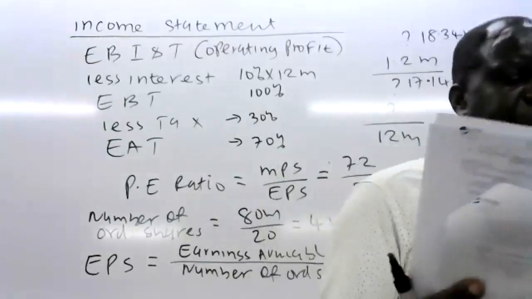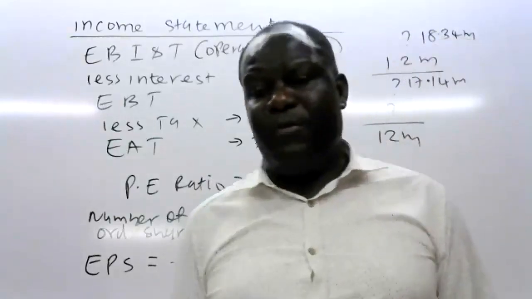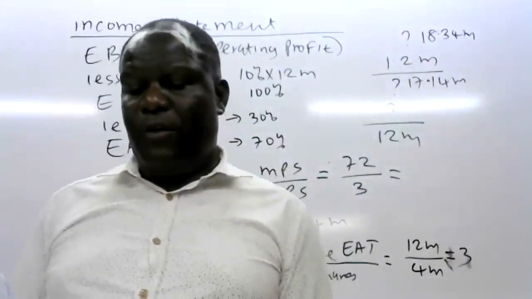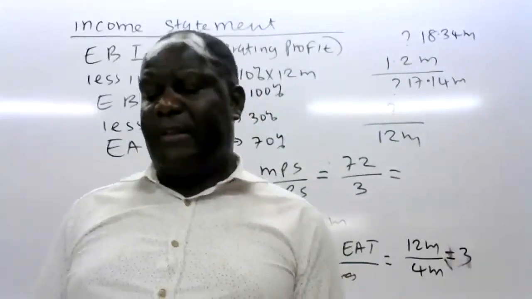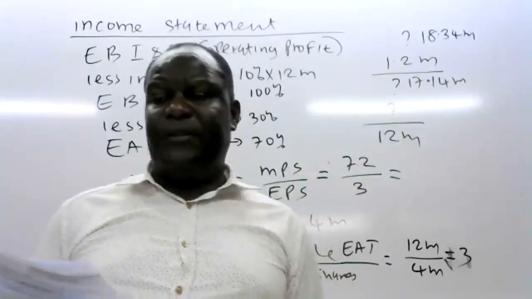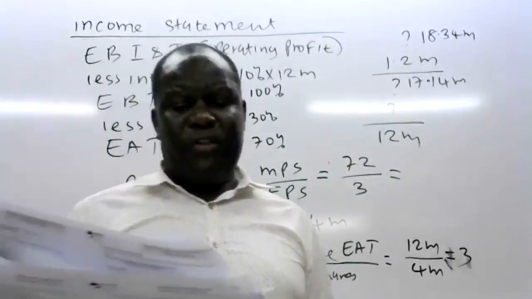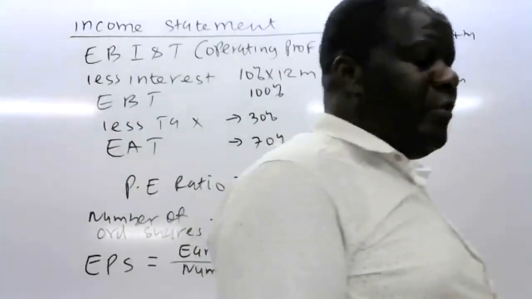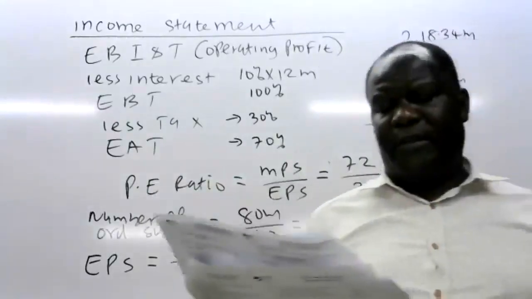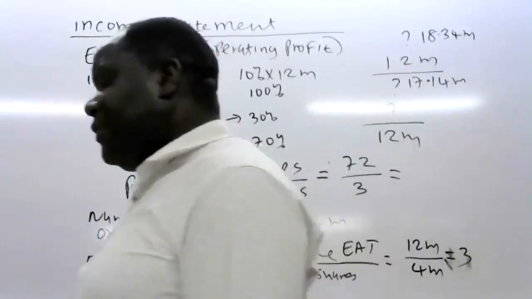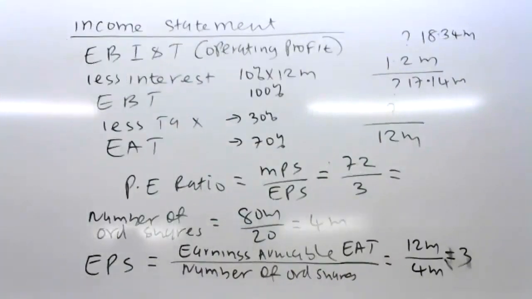Then number 5 is the activity or efficiency or asset utilization ratios. They indicate the efficiency with which the company utilizes its resources to generate revenue. They include the stock or inventory turnover ratio, and I've given the formula for that.